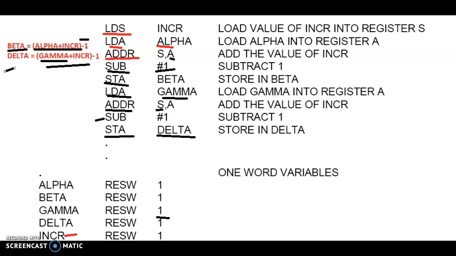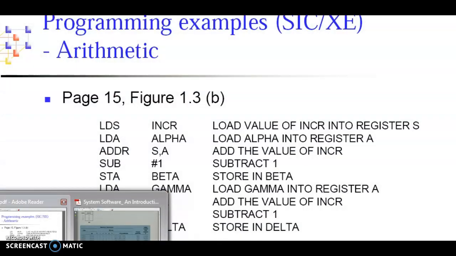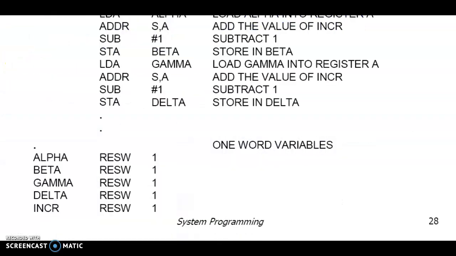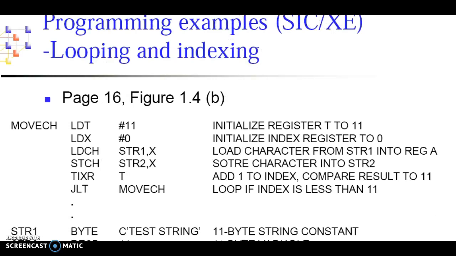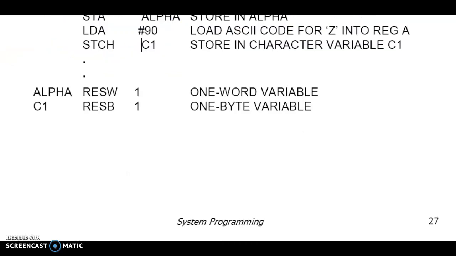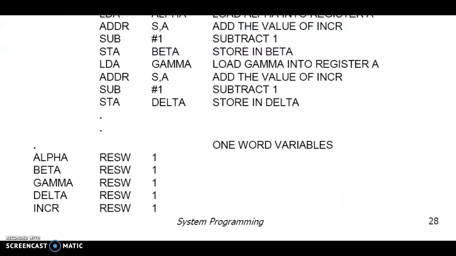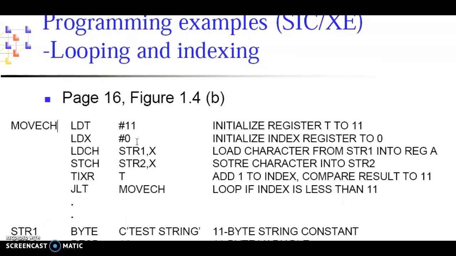Next we can see looping and indexing. In case of looping and indexing, this also we have done in the SIC/XE machine architecture. The same example we have done.